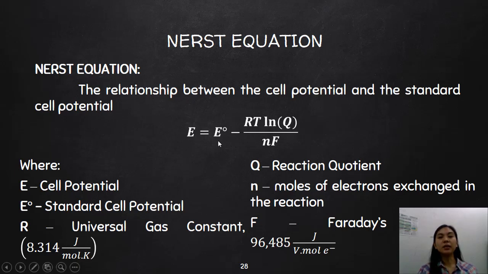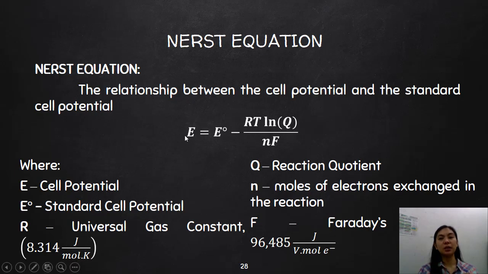However, standard cell potential is a special kind of cell potential. Kasi when we say standard cell potential, very particular dyan yung temperature and yung pressure. Under standard cell potential po kasi, the temperature is 298 kelvins and the pressure is 1 atmosphere.